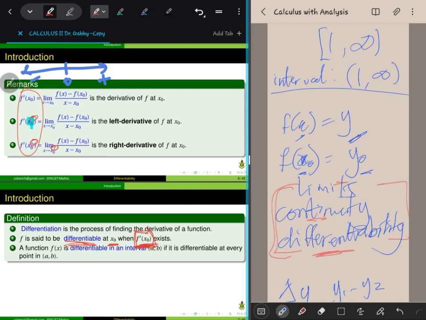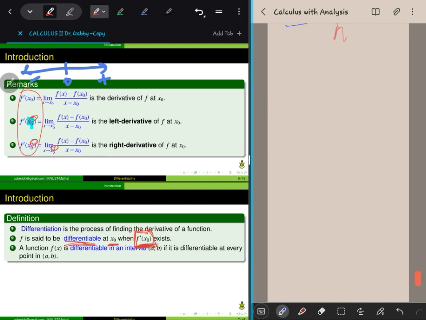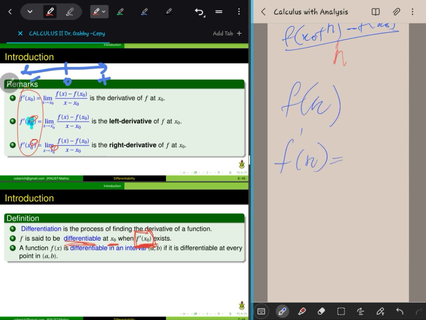And we know that whenever we write it this way, let's say we have a function this way, it's the same as when we write this x minus x naught all over f of x minus f of x naught, which is the same as y minus y naught all over x minus x naught, which is the same as the slope, right?